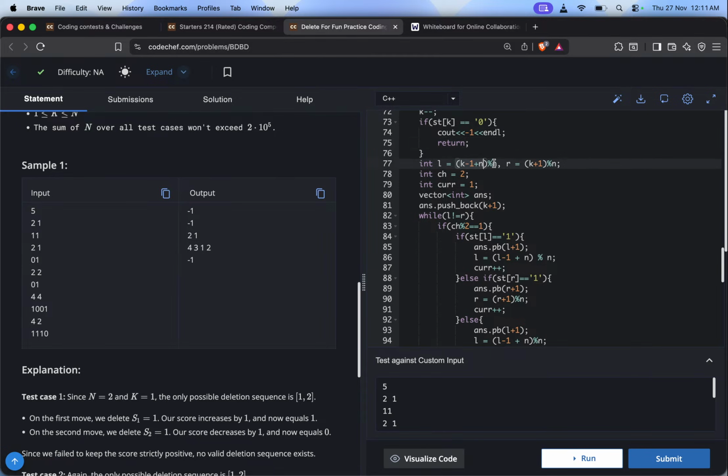Modular subtraction is done in this method: subtract something, then add n, the number by which you are taking modulo, and then take the modulo.